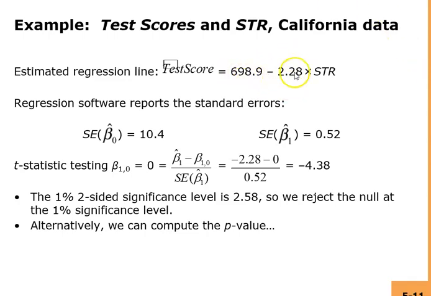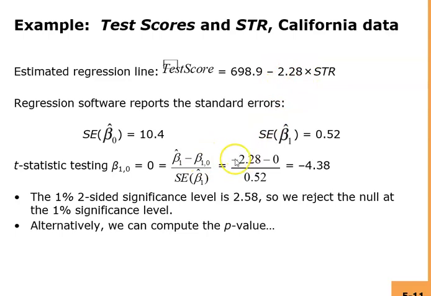For example, if we are testing that our population estimator is equal to 0, then our hypothesized value becomes 0, which means that when we plug in the numbers over here, we have beta 1 hat, which comes from over here.